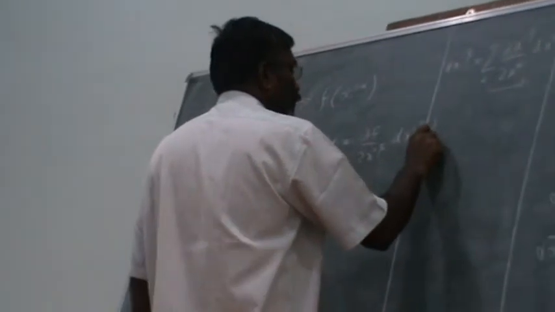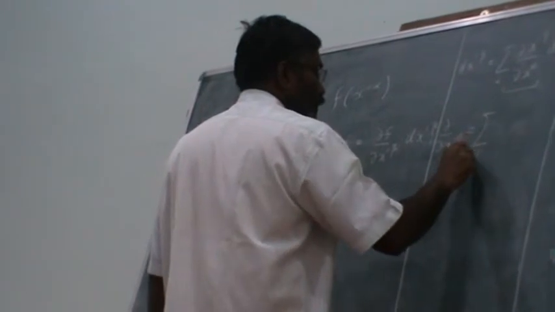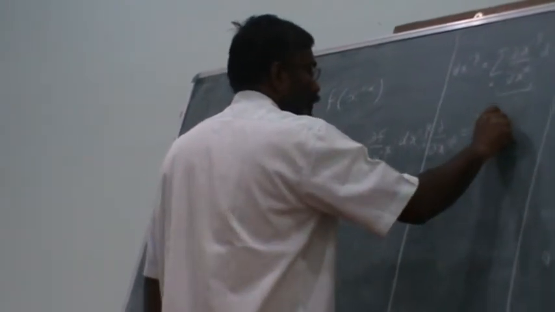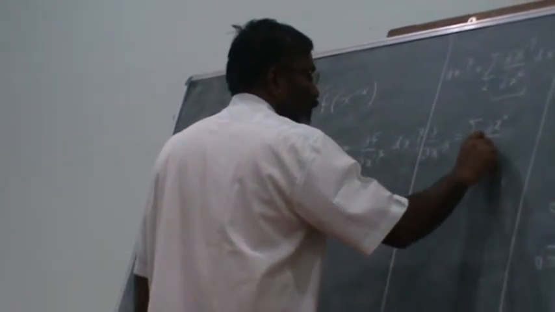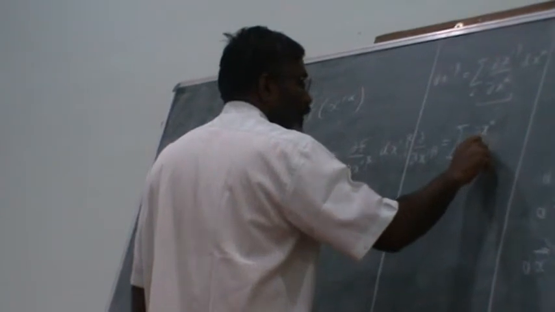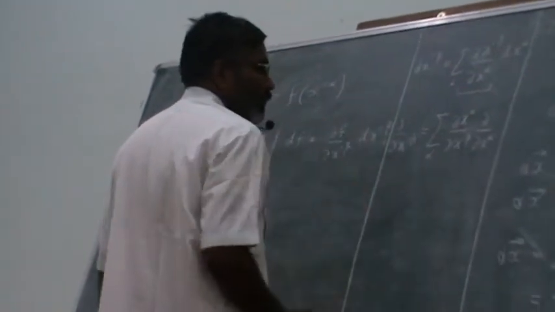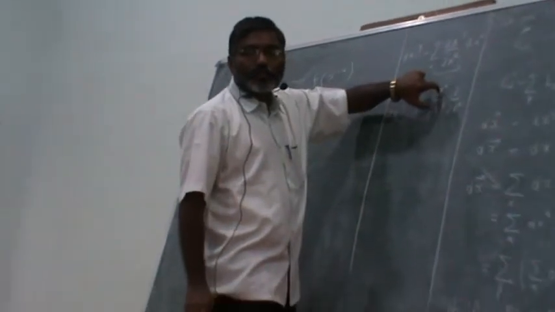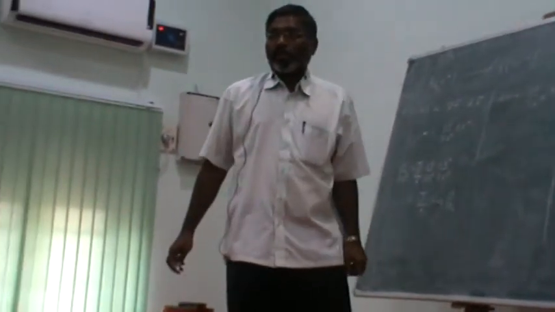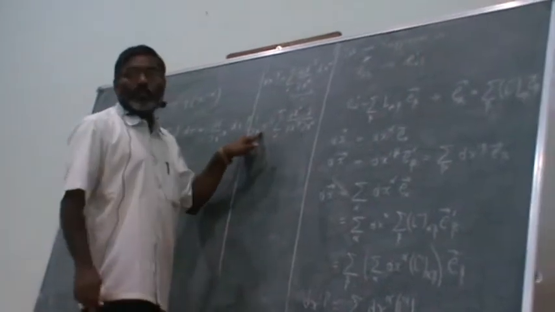Whereas dou by dou x prime beta is equal to sum over alpha dou x alpha by dou x prime beta into dou by dou x alpha. So you can see this difference, this and this. Okay? So this transformation is different.